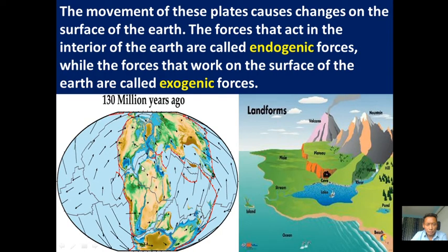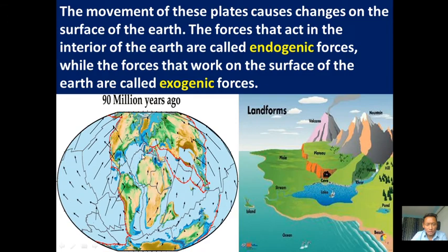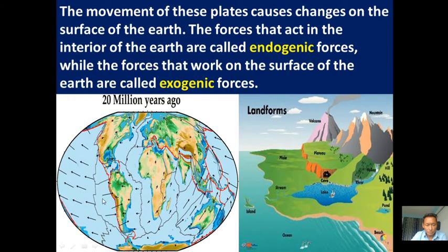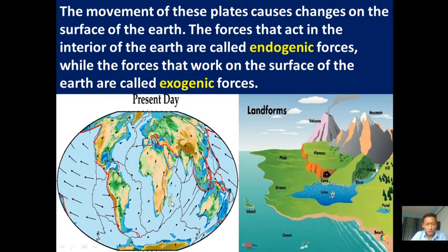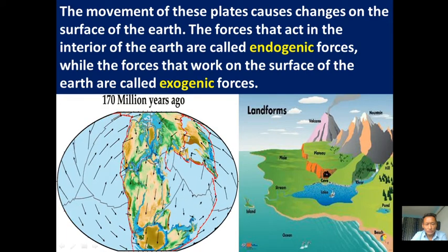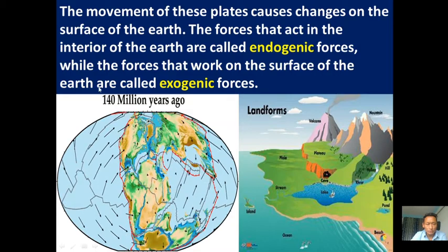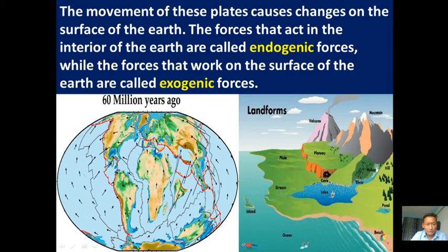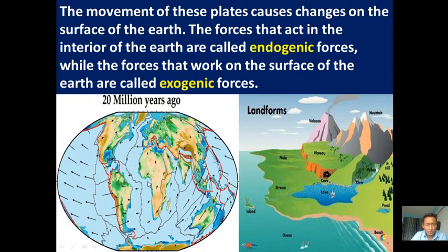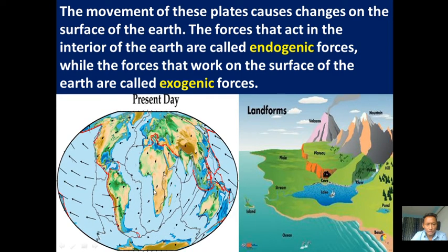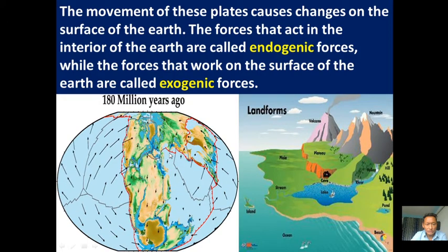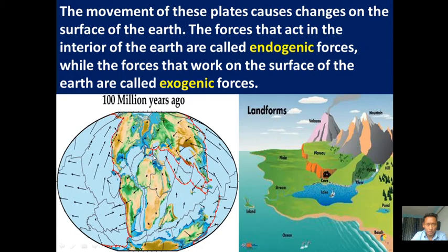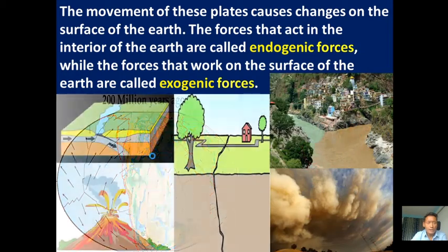If we study here, because of the movement of tectonic plates, the tectonic plates are moving in different directions, so it leads to the formation of different landforms on the surface of our earth. Based on the movement of tectonic plates, it leads to change in the landforms or physical features of our earth.